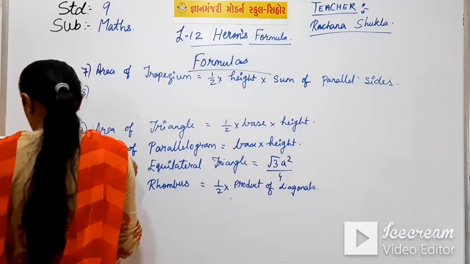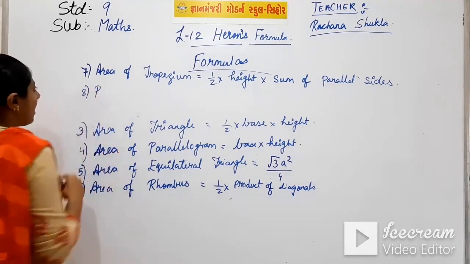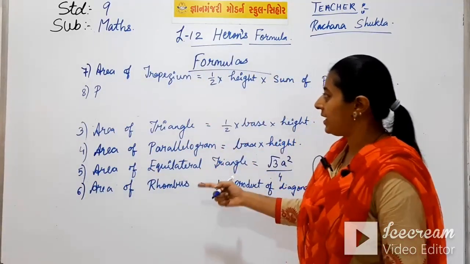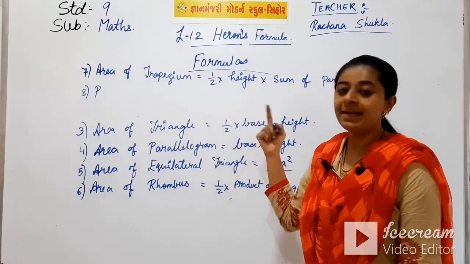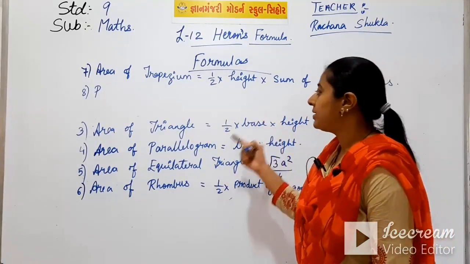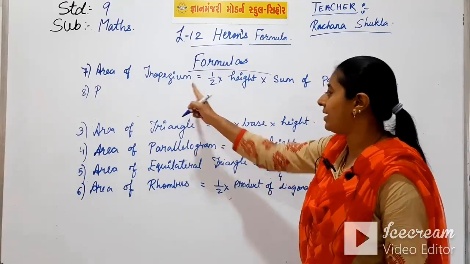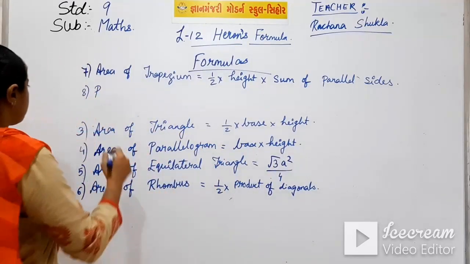The next one is perimeter. Now all the formulas of area are completed. All the formulas are there for the area of all the figures, that is rectangle, square, triangle, parallelogram, equilateral triangle, rhombus and trapezium. Now perimeter.